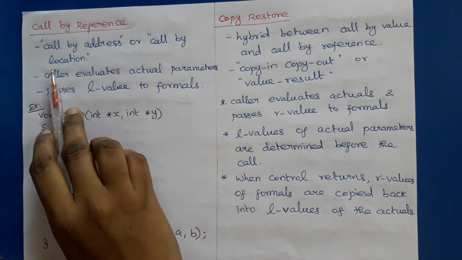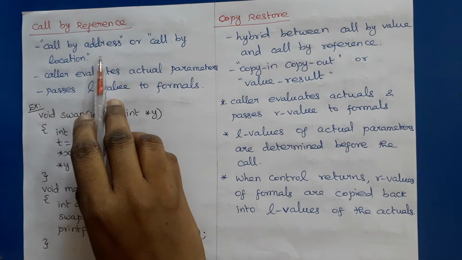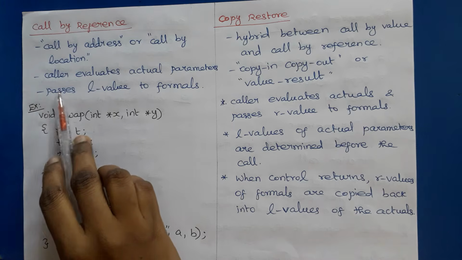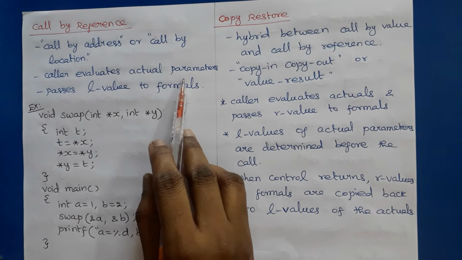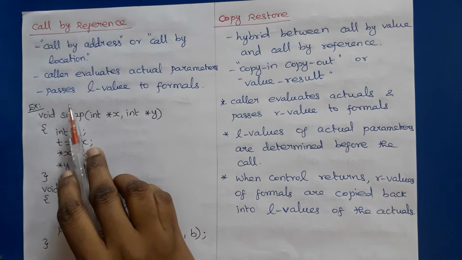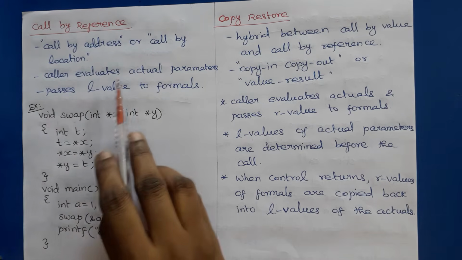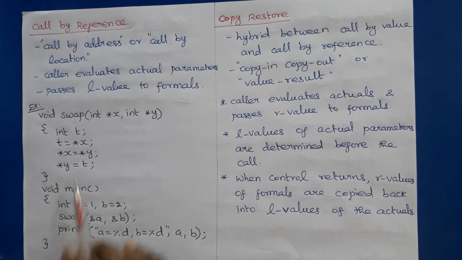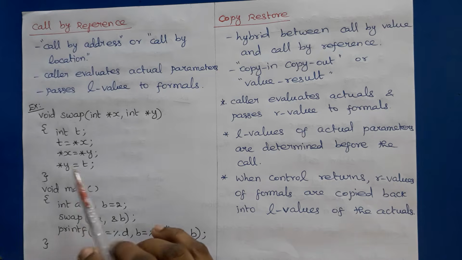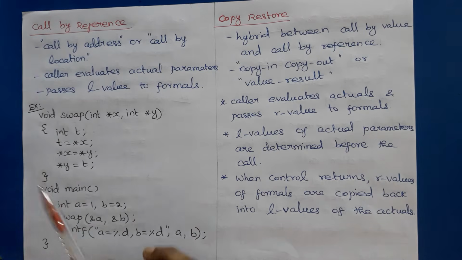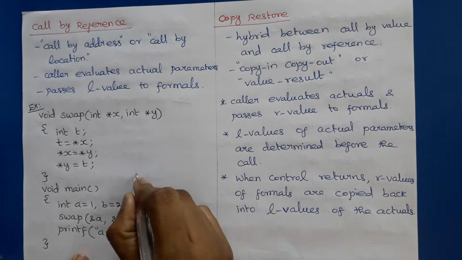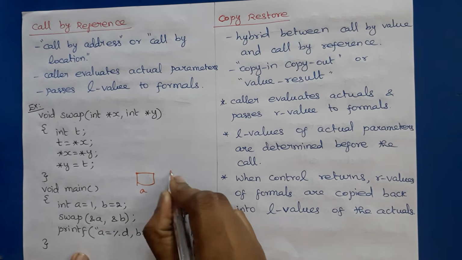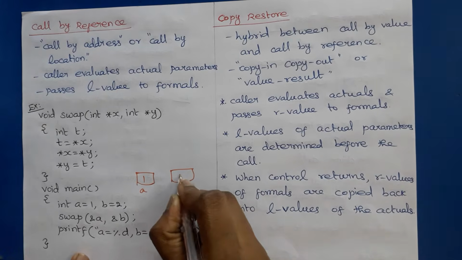Call by reference is otherwise called call by address or call by location. Here also the caller evaluates actual parameters, but it passes the L values of the actuals to the formals. So consider the same example, but here we are going to use the call by reference method. So int A equals 1 and B equals 2.